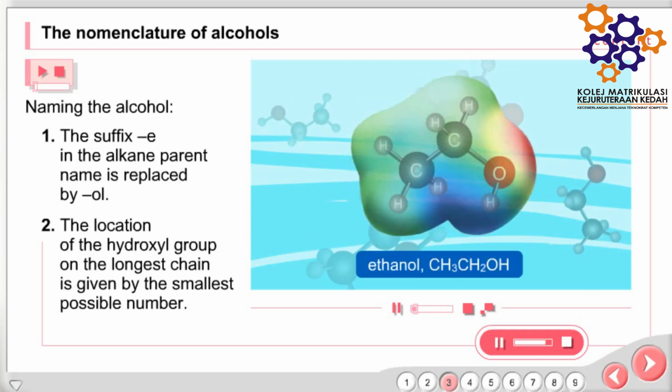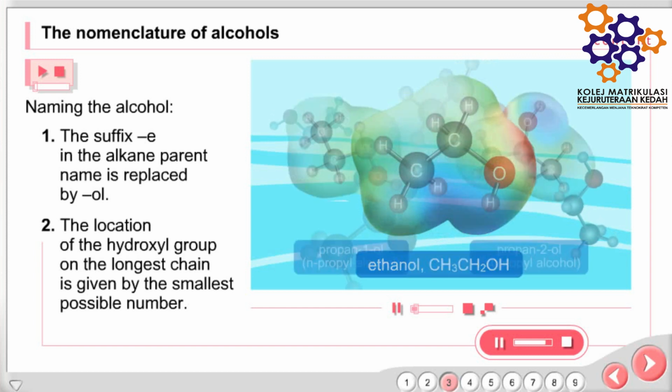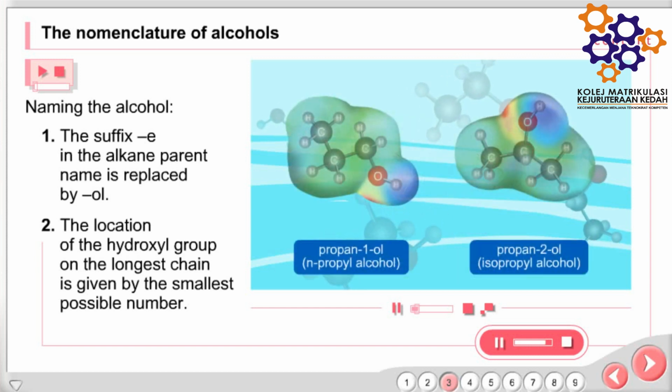Ethanol contains 2 carbon atoms. Starting from propanol, positional and structural isomers of alcohols are possible. Propanol has 2 isomers, propan-1-ol or 1-propanol and propan-2-ol or 2-propanol, the latter known also under its common name of isopropyl alcohol.